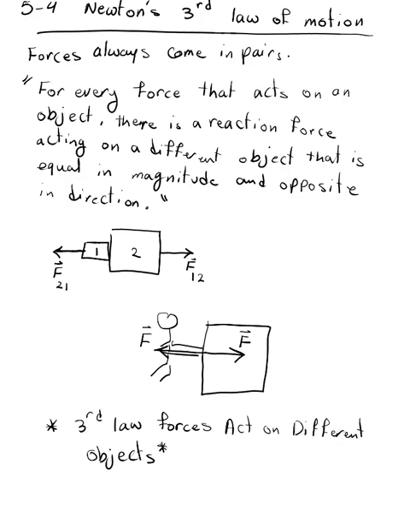So when we are drawing a free body diagram, we only draw one of the action-reaction pair forces. The other force in the pair would appear in the free body diagram of a different object. That is the reason that the two forces do not cancel each other in the free body diagram, because they're acting on different objects.